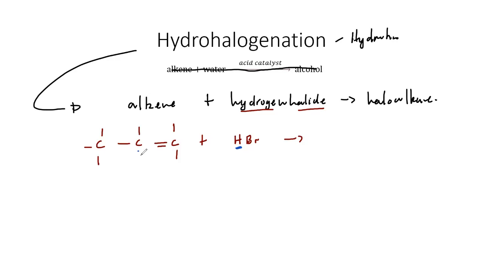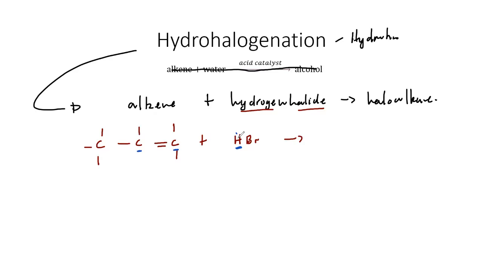If I compare this carbon here and that carbon there, I notice that this first carbon already has 2 hydrogens. And my statement says the hydrogen from hydrogen bromide will attach itself to the carbon in the double bond that already contains the most number of hydrogen atoms.